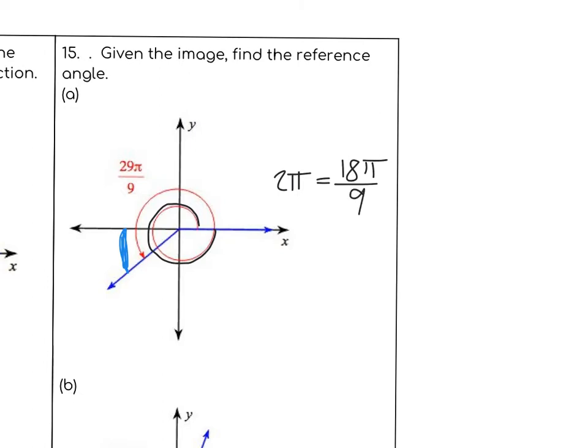Going around another half would be an extra pi, and that would give me another 9 pi over 9, which is 27 pi over 9. And that leaves me with just this small piece here. And to get from 27 to 29, it's going to be 2 more pi's over 9.